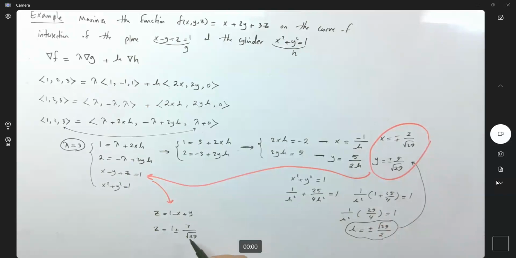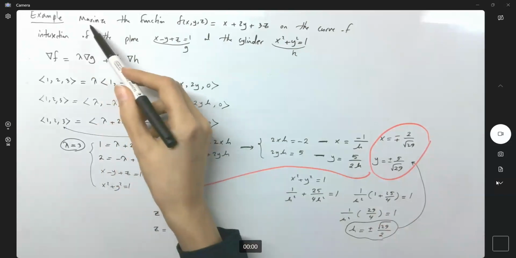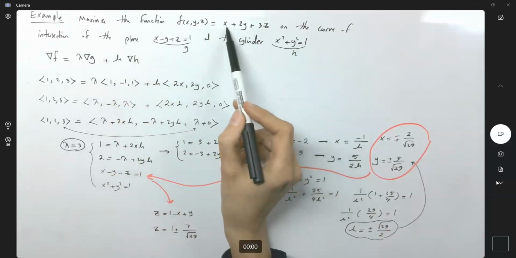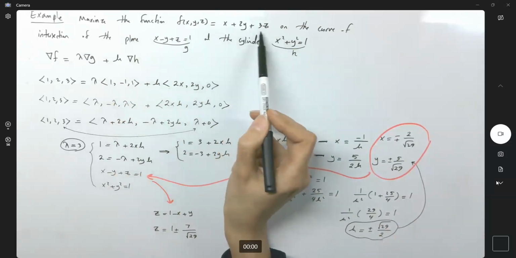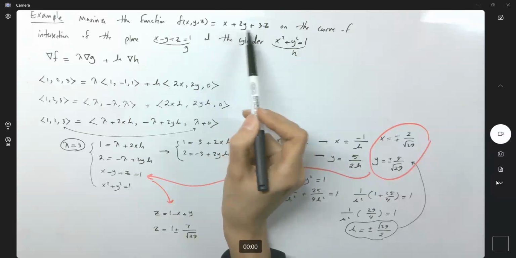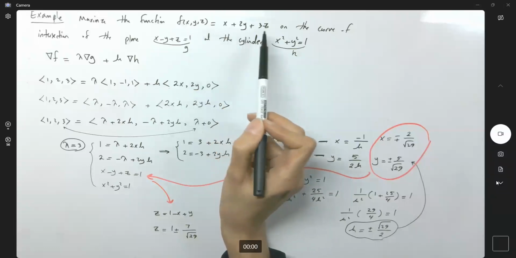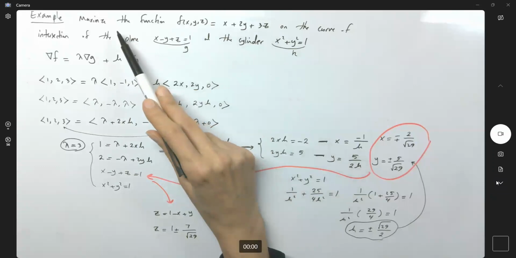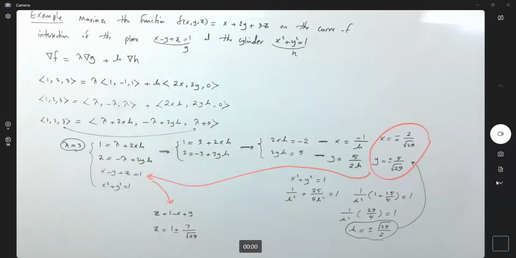Guys, just note that we are trying to maximize the function, and these are all linear combinations. So make sure you are using all positive values to maximize the function here.